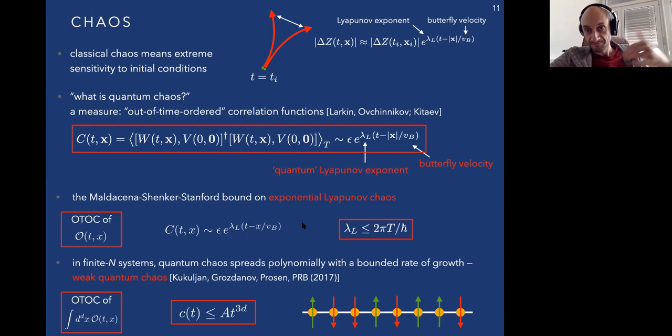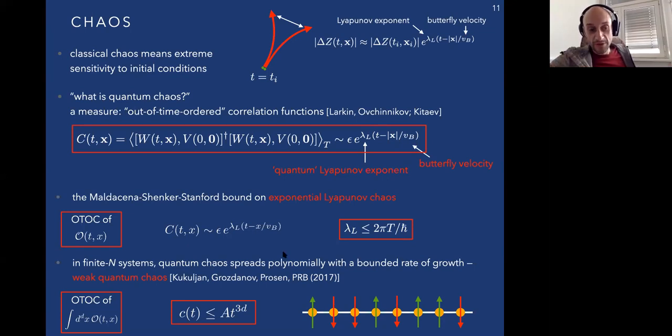I should also alert you here that there are various systems which are quantum chaotic, like quantum spin chains that have a finite local Hilbert space, and such things do not have exponential growth of the OTOC.